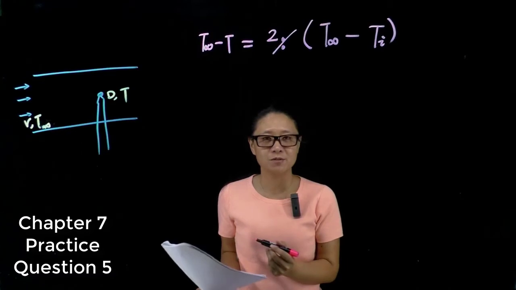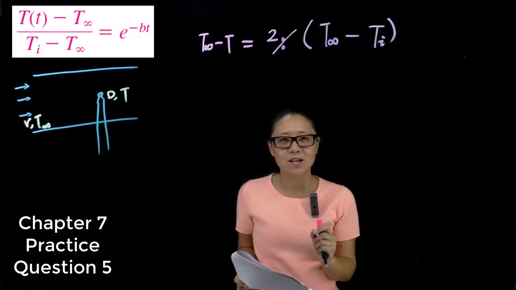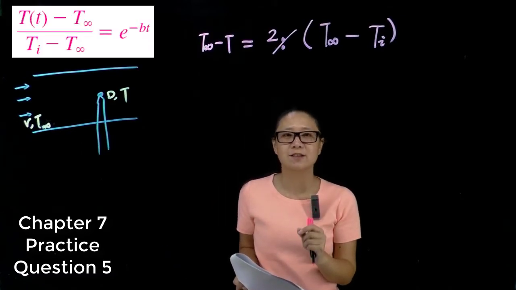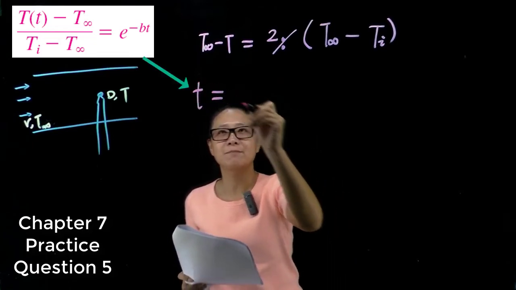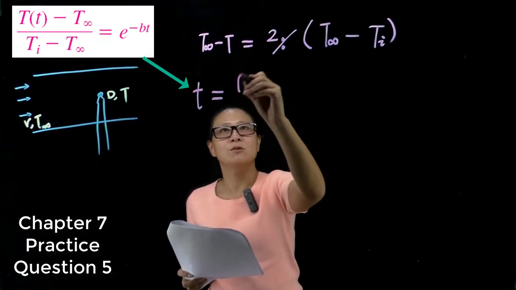Which equation should we use? Yes, we should use that one equation from chapter 4 that gives us the relation between temperature and time. So if we write the time, it would look like this.